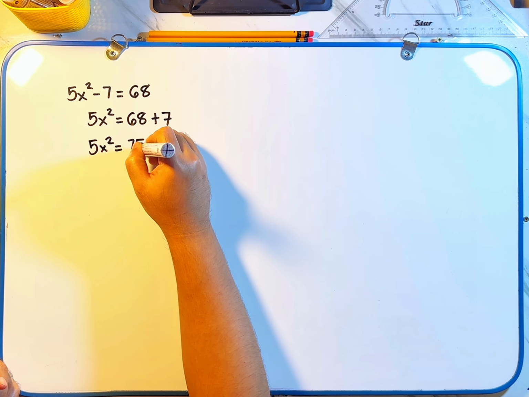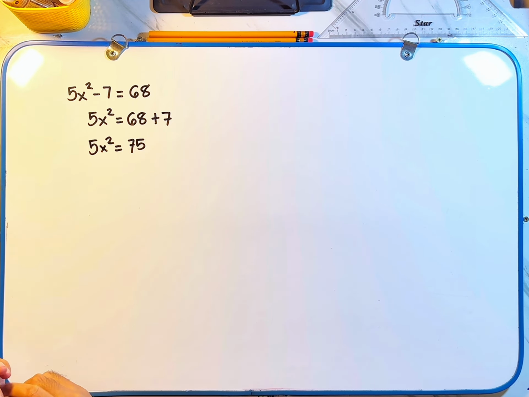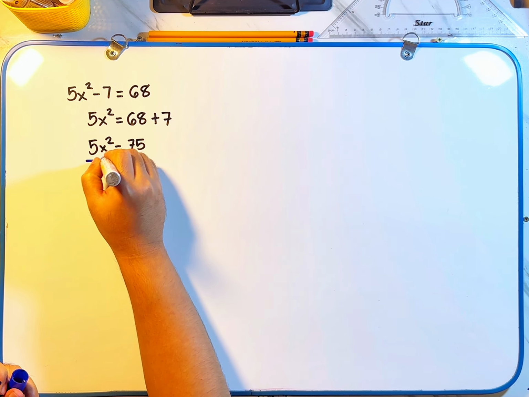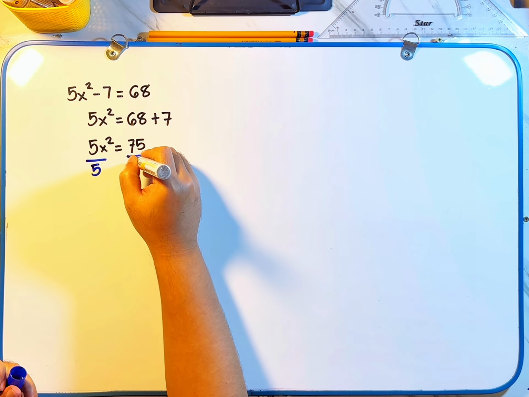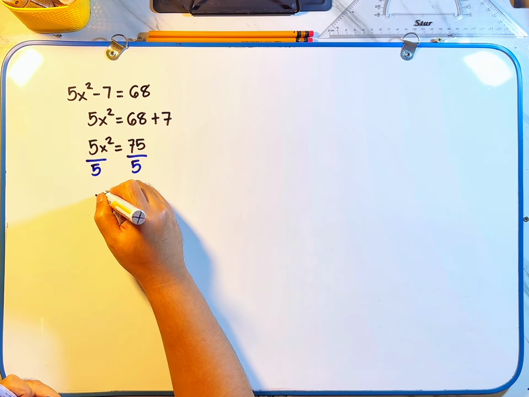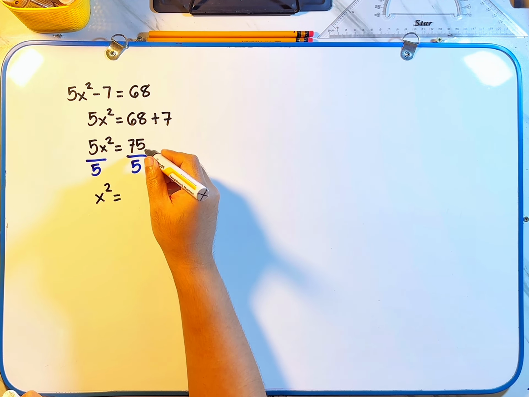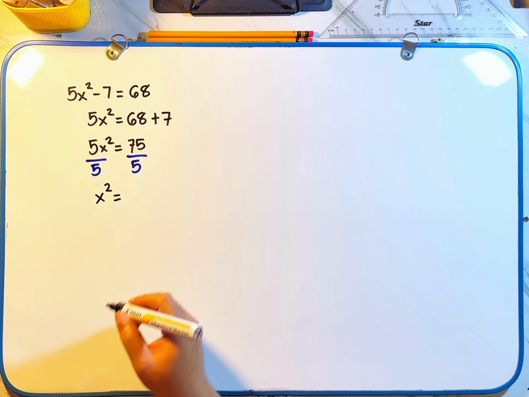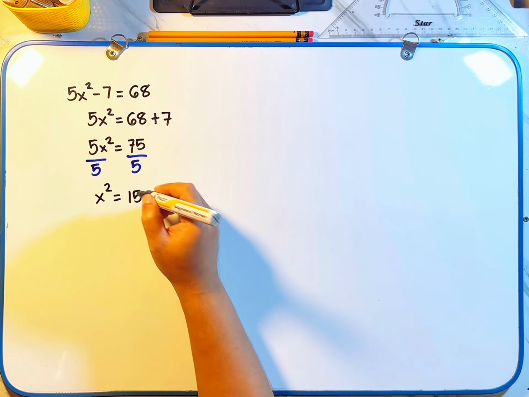And then to solve for x, let us divide both sides by 5. Therefore, we have x squared is equal to 75 divided by 5, that is 15.